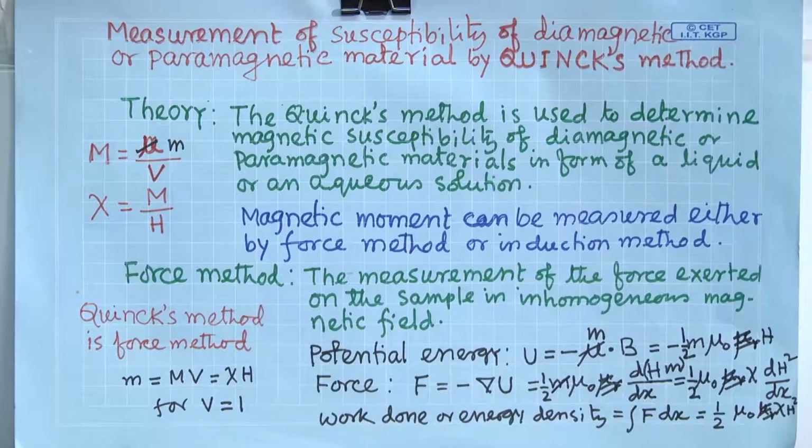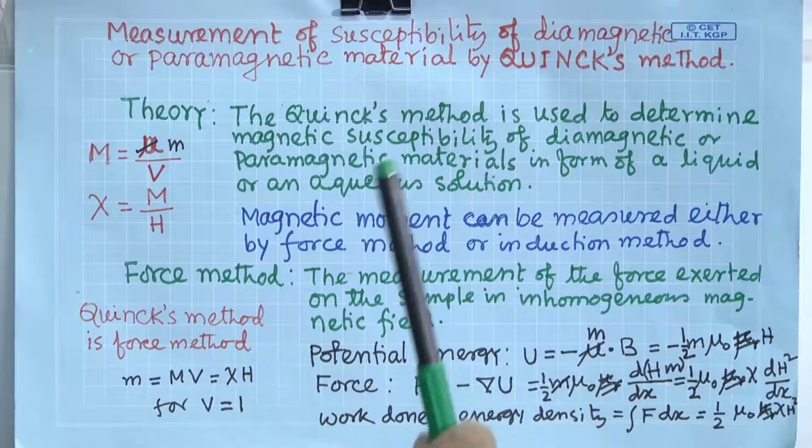That is why I told you, the force is present only when there is an inhomogeneous field. The magnetic material is in the inhomogeneous field, and this is per unit volume, because V equal to 1. So, that is energy density.